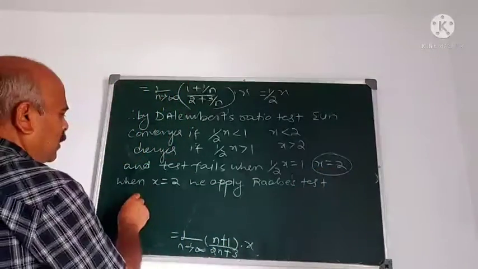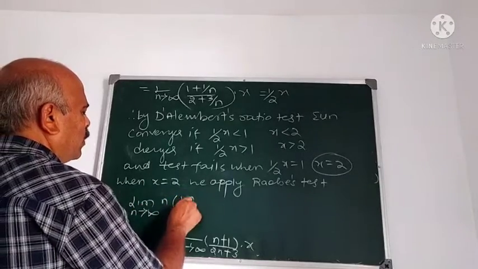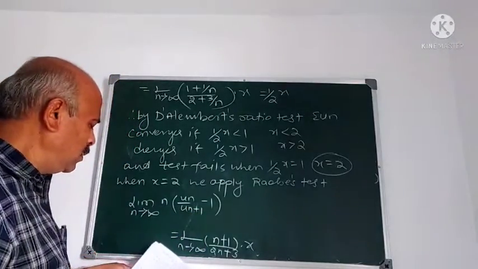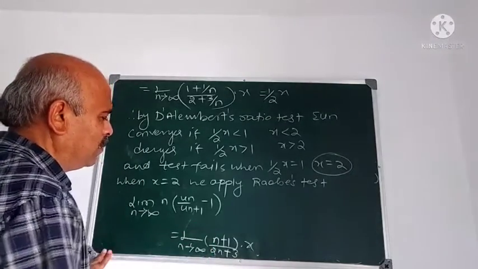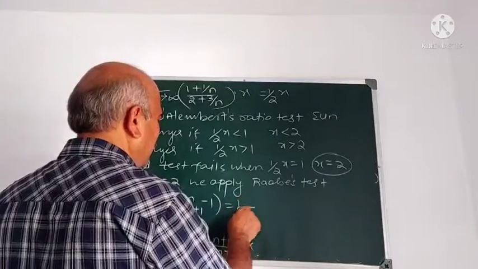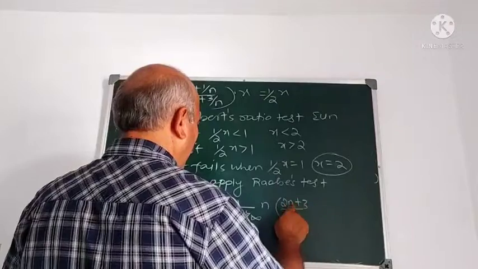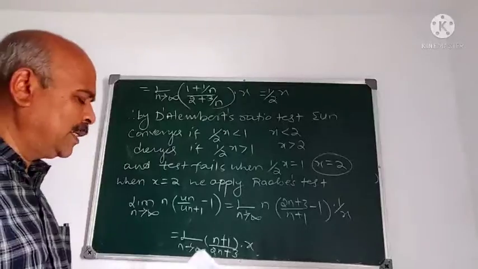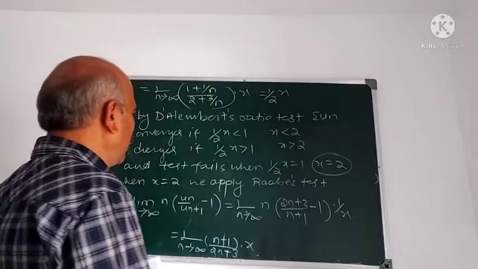In Rabi's test, we consider the limit as n tends to infinity of n into (un upon un plus 1 minus 1). Now, what is this? This is un plus 1 upon un. Therefore, it is the limit of n into (2n plus 3 upon n plus 1 minus 1) into 1 upon x, and x is 2 here.